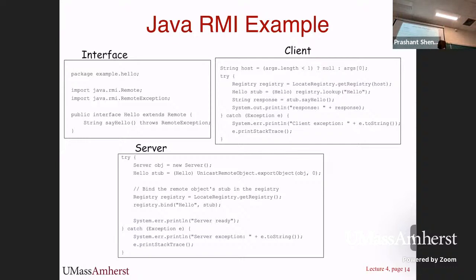you have to have the implementation. On the client side, you have to first do a lookup. So there's a registry.lookup call that's saying where is the Hello server running. And that's all. You don't need to then worry about IP address or anything like that. The stub code is going to do that for you. And then you will see that there is stub.sayHello. That's your RMI call.